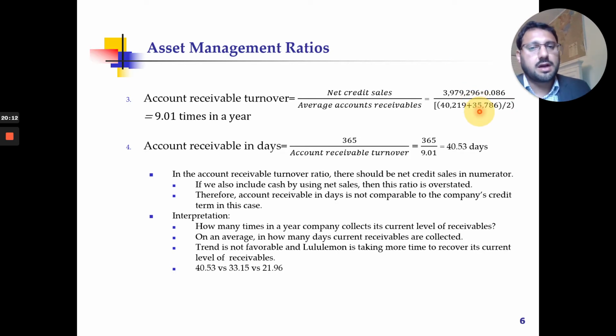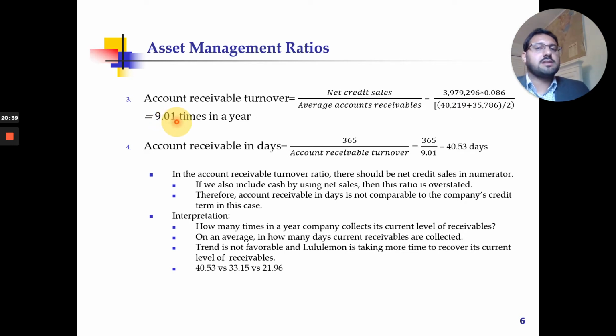So I'm adding them together, dividing by 2, taking the average account receivable, and then dividing my net credit sales by the average account receivable. This will tell me that in a given year, or whatever the period is, in this case a year, how many times over a particular period Lululemon is able to successfully collect its current level of receivables. I calculated it is 9.01 times.